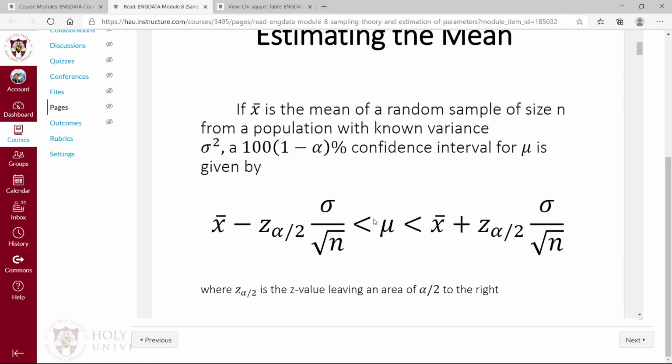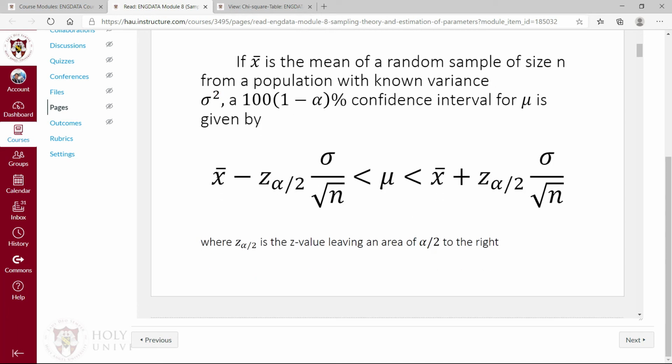Okay, so estimating the mean. If x bar is the mean of a random sample of size n from a population with known variance, or standard deviation, then the confidence interval for the mean is given by this equation, where z alpha over 2 is the z value leaving an area of alpha over 2 to the right.